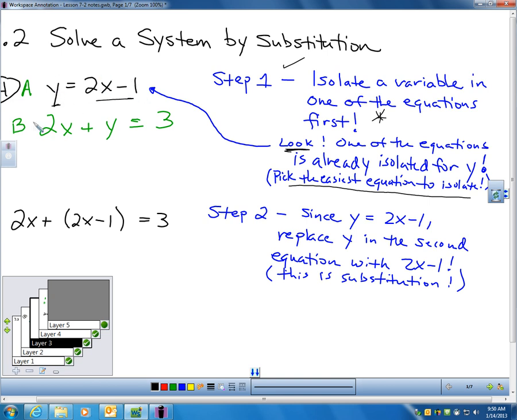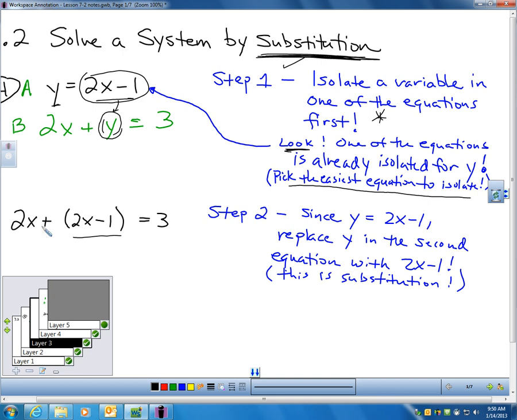They're the same. So if I go to equation B, where I see y, I can substitute, this is where the word substitute comes from, I can substitute 2x minus 1 in for y because y and 2x minus 1 are the same thing. So look down here, can you see that?